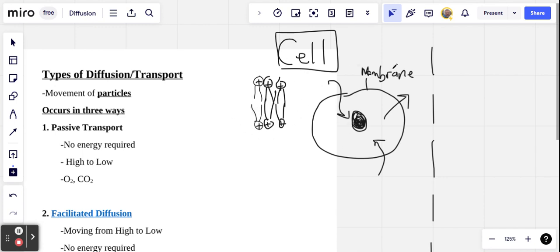And if you remember, we call the cell membrane the gatekeeper. It's like a gate, protects the cell, keeps some things out, but then has a way for those things that need to get in to get in. Okay, so if you talk about movement in the cell, you either have diffusion or you have transport.